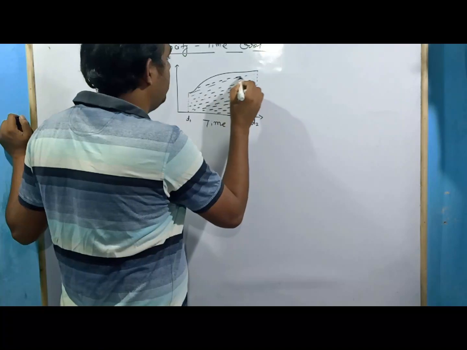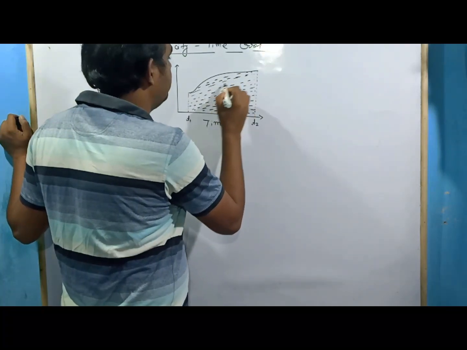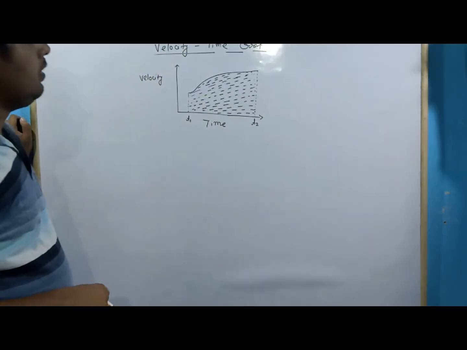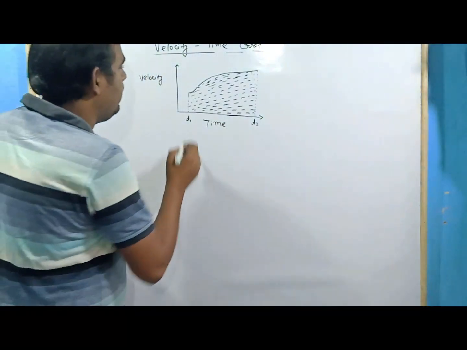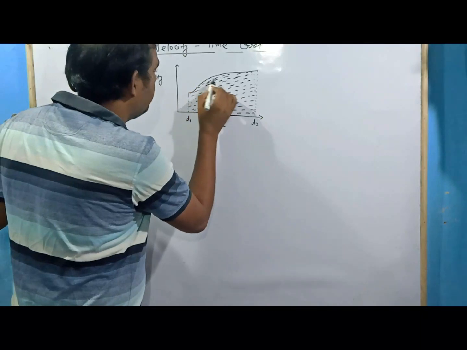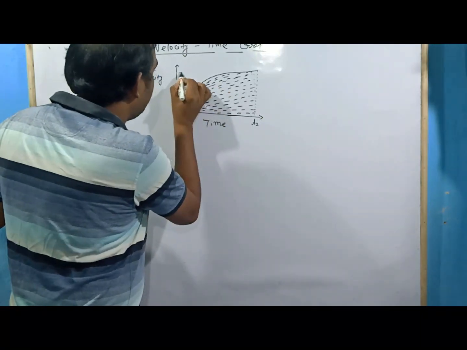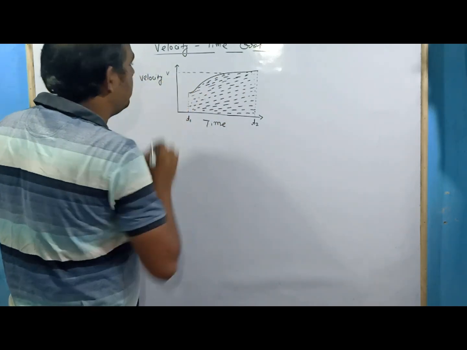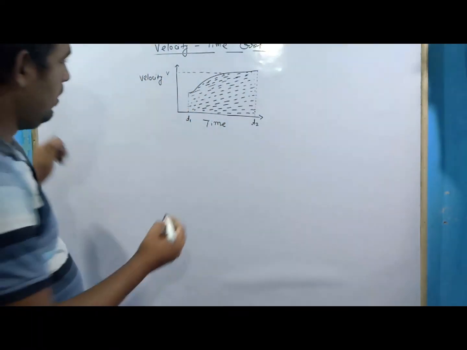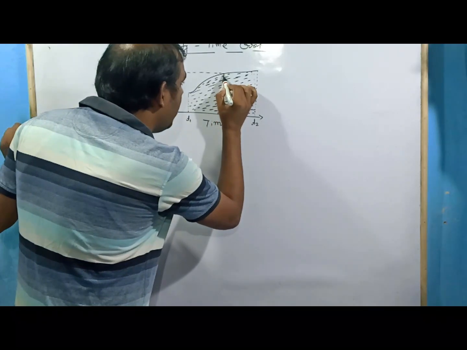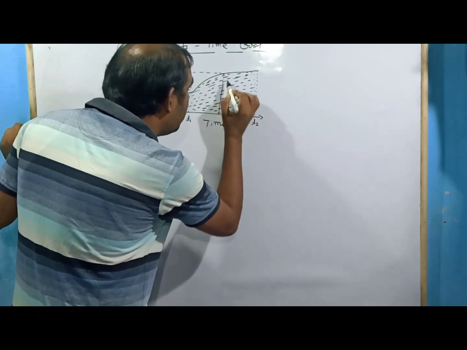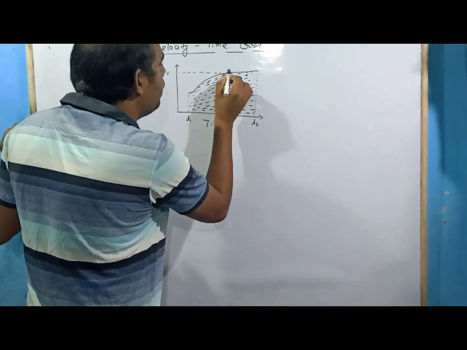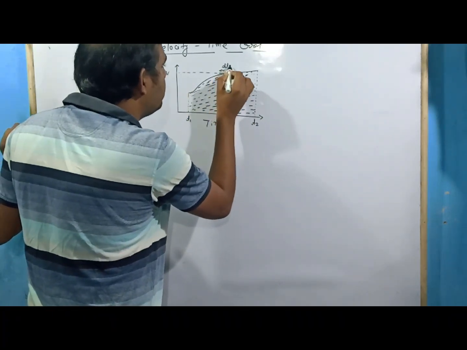Let's divide the area. And let at any instant of time the object be moving with the velocity v, and we are taking a time interval of dt.